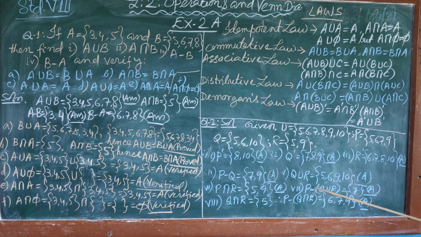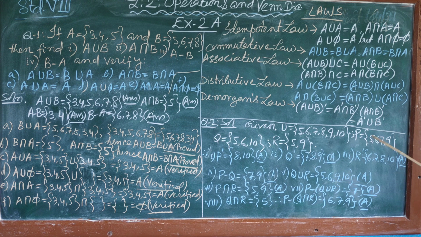Now P minus Q union R. Q union R we have already taken. This is the set: 5, 6, 9 and 10. We need the elements present in P which are not part of this particular set. The elements present in P are 5, 6, 7 and 9, but here it is 5, 6, 9 and 10.